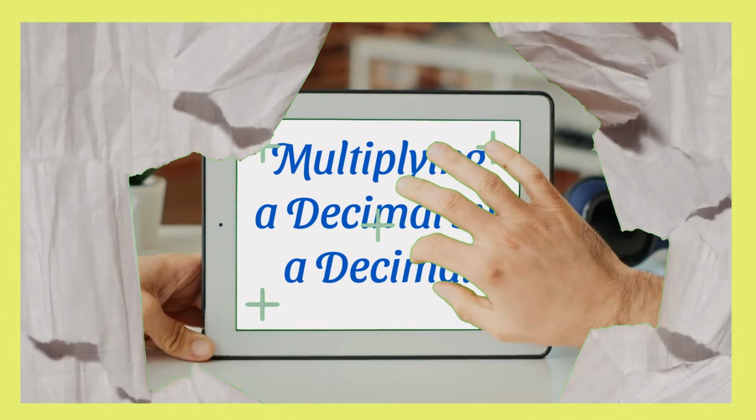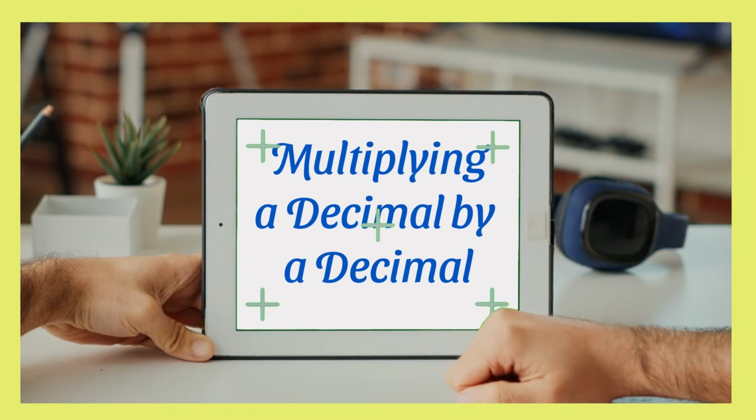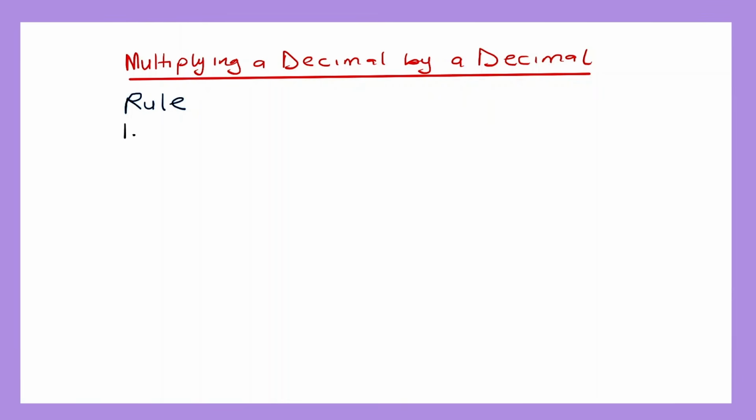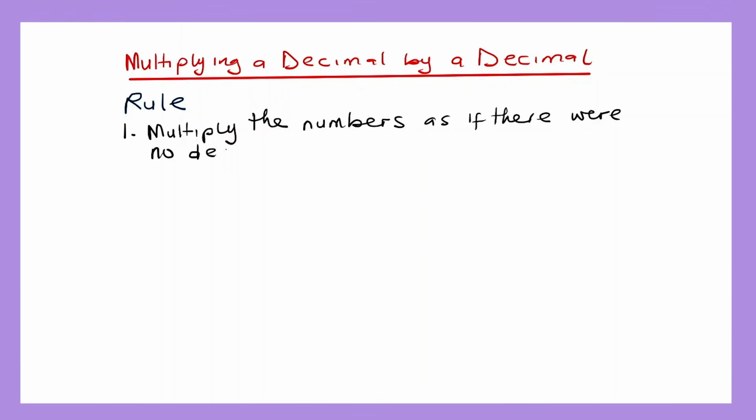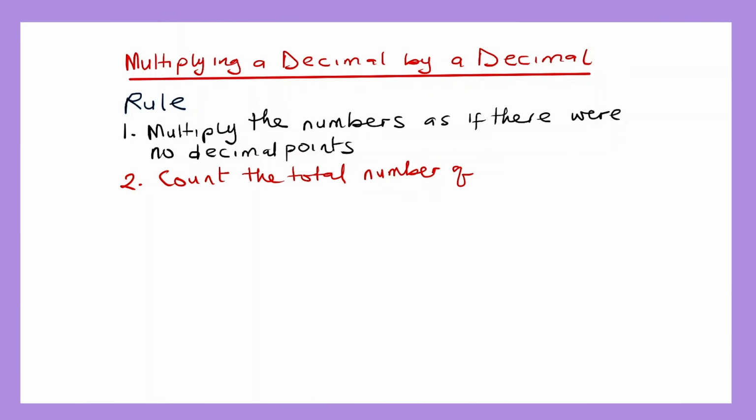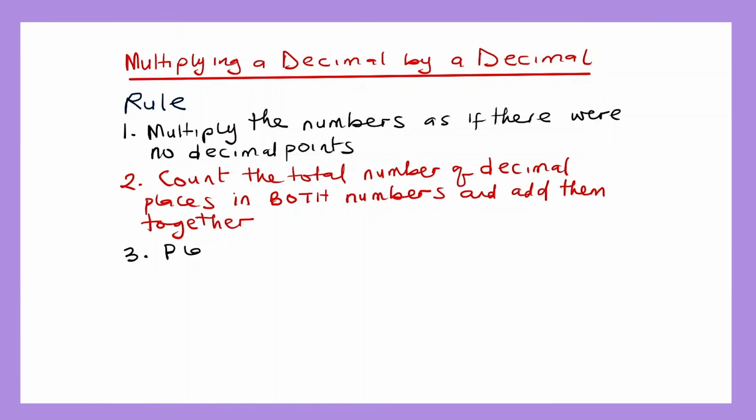Multiplying a decimal by a decimal. These are the following rules. 1. Multiply the numbers as if there were no decimal points. 2. Count the total number of decimal places in both numbers and add them together. 3.